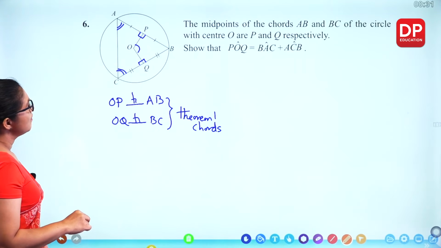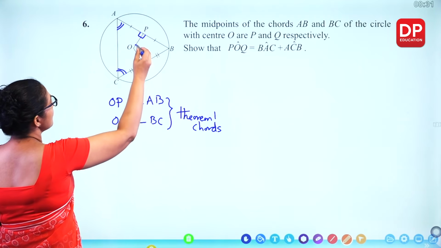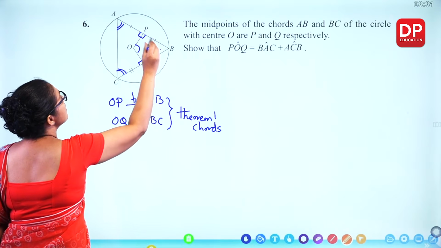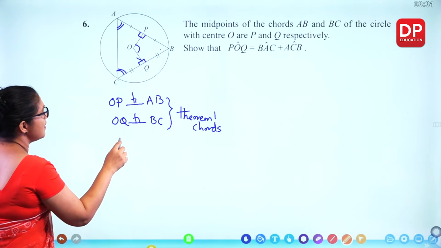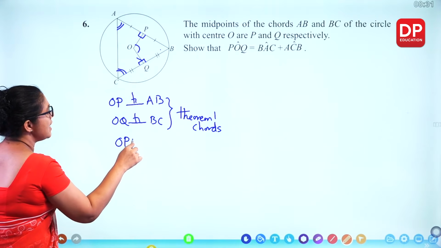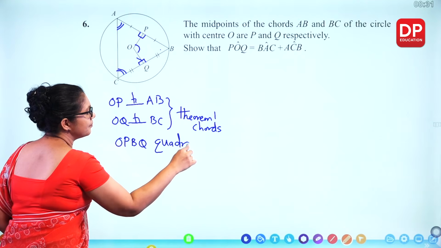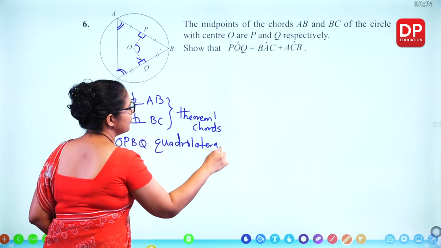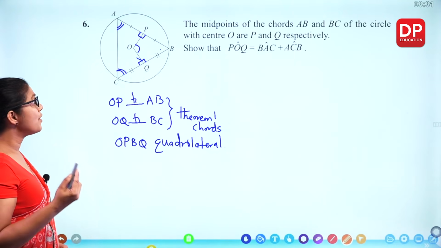And then what can you say about this one? When you take this side in the OPBQ quadrilateral, we can write the sum of angles in a quadrilateral is 360.